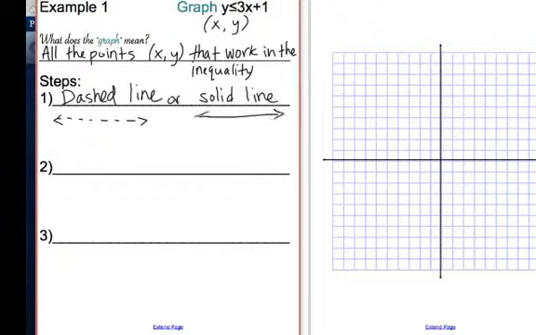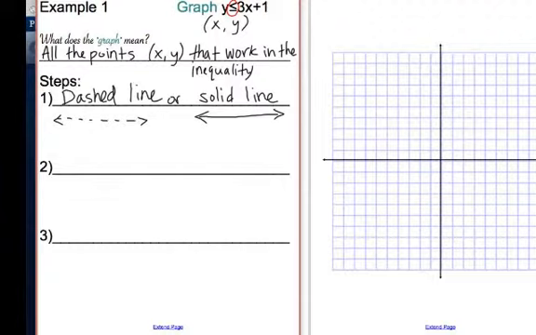And that's just our normal line. Once again, this is very similar to solving inequalities. It all depends on the symbol in the original inequality. See that it's less than or equal to? So that equal to says include the line. It can be equal to the line y equals 3x plus 1.